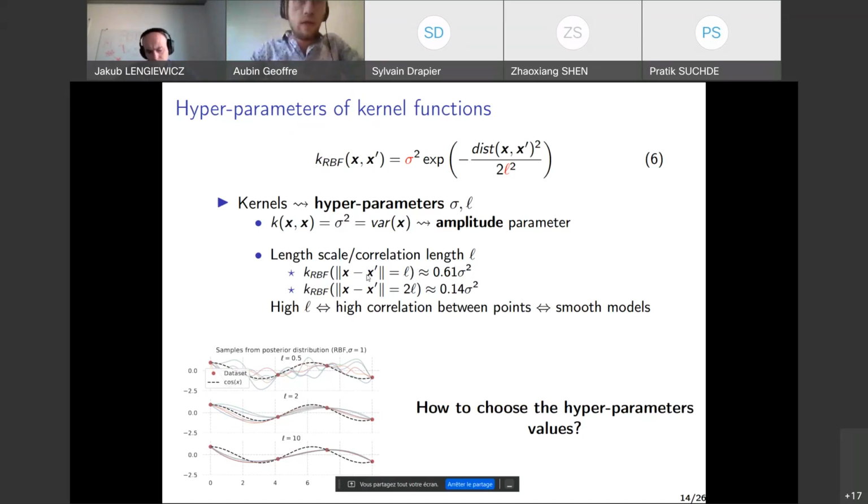As you can see, choosing different length scales has a huge impact on the model. If you have a low L, then the points don't really covary, and the behavior is kind of noisy. But if L is higher, then you have a smooth curve, as I explained before. So the question is how to choose these parameters to be consistent in the modeling.